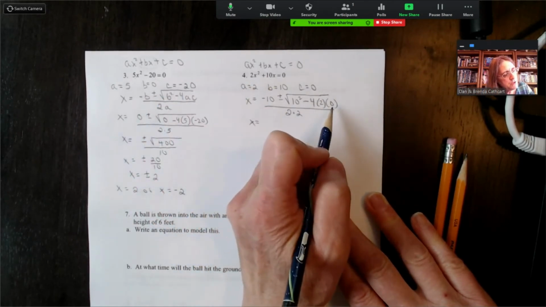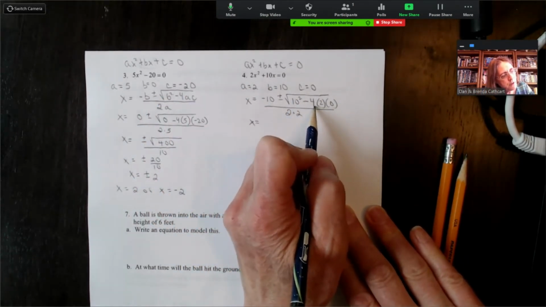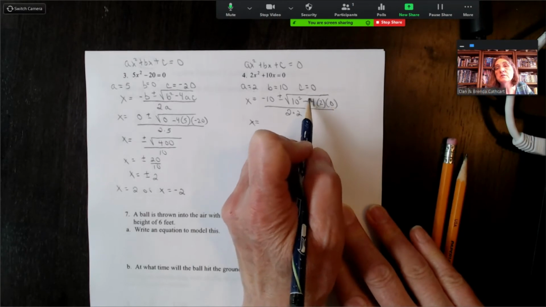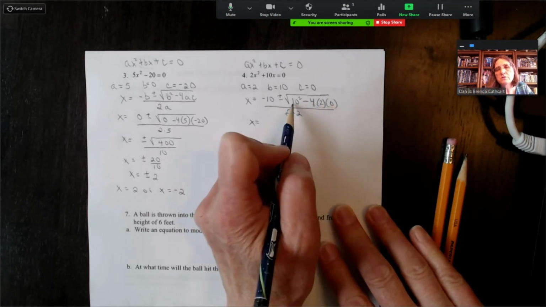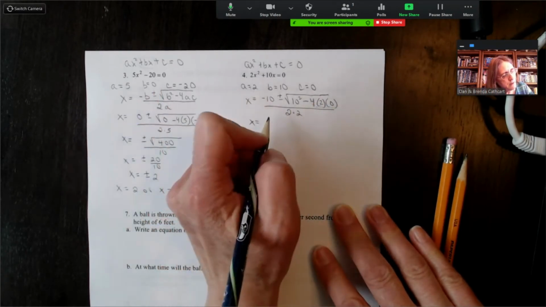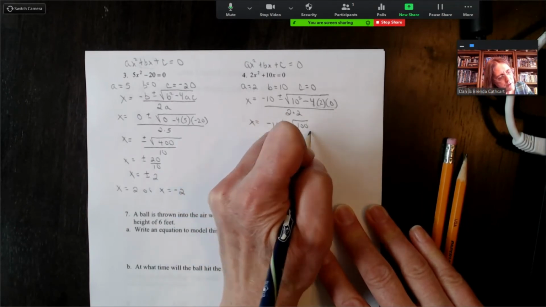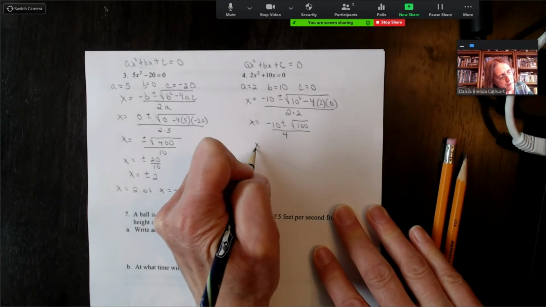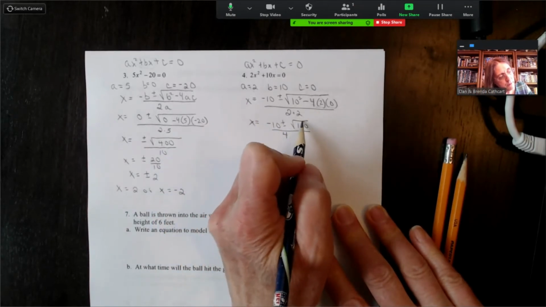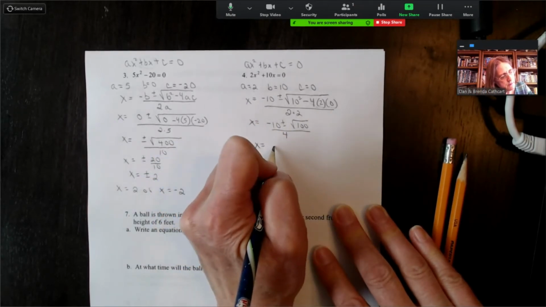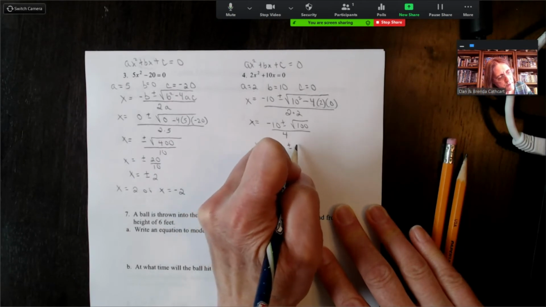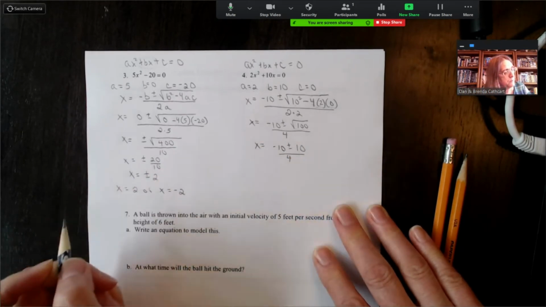Well, as I look at what's under the root here, this term, 4 times 2 times 0, is just 0. So I just have 10 squared here. So negative 10 plus or minus the square root of 100 over 4. And of course, the square root of 100 is 10. So we have negative 10 plus or minus 10 divided by 4.